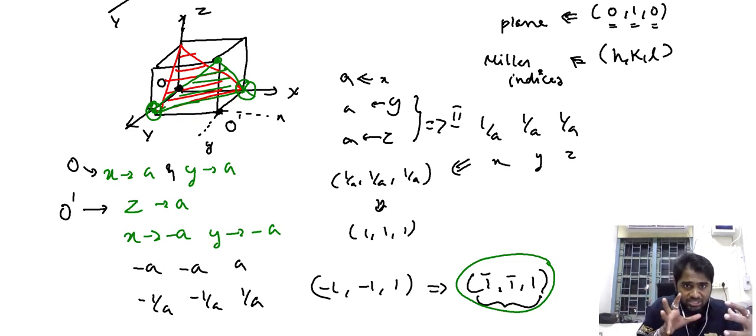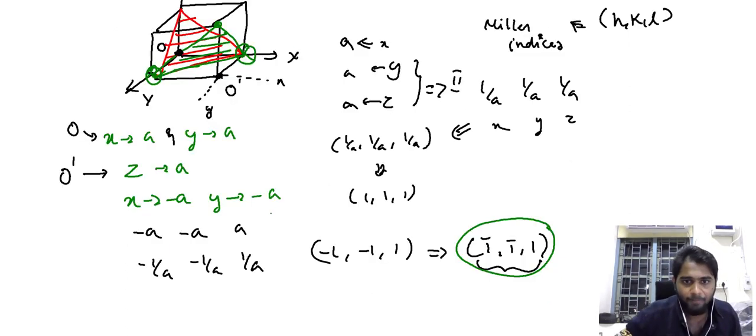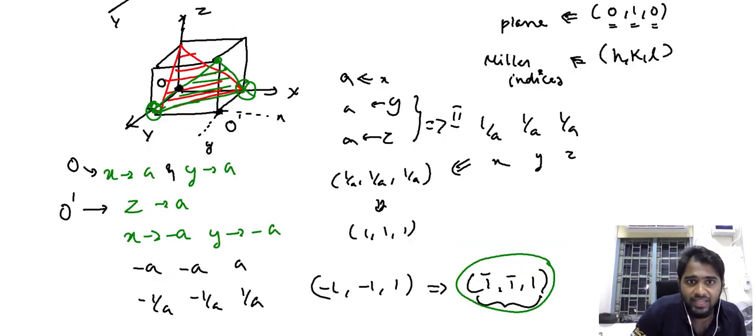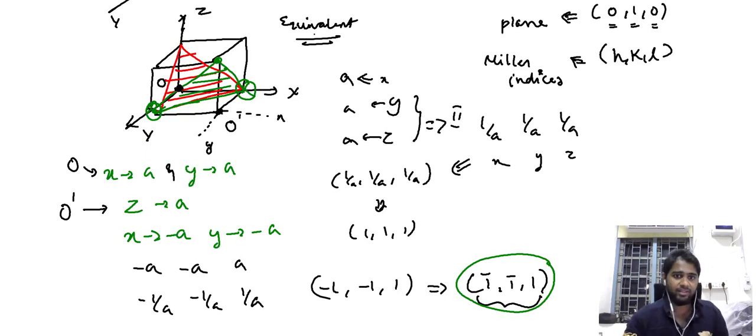So when you consider geometrically, both these planes are equivalent, because they are connecting the points that are completely opposite to one another in all the three directions.